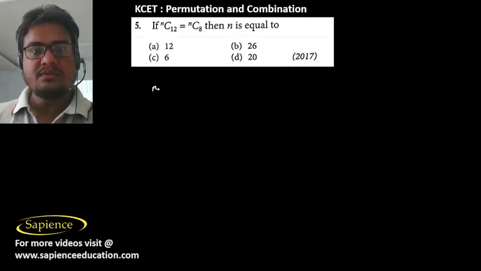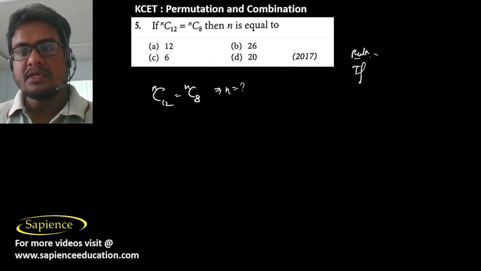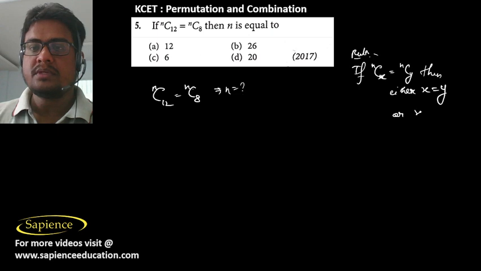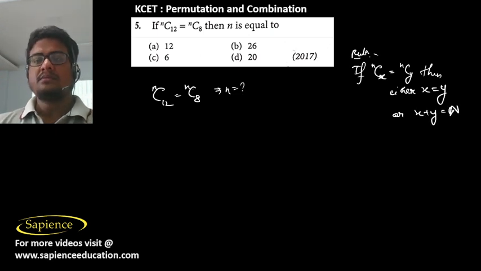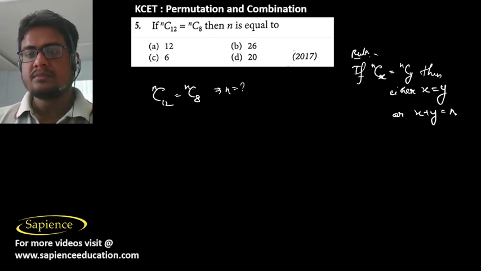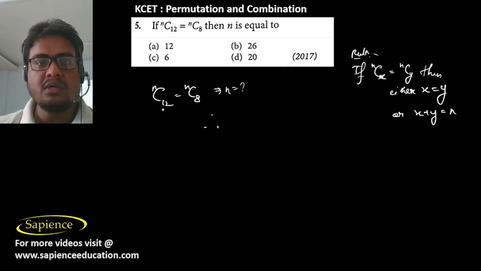So here it is told that if NC12 is equal to NC8, then N is equal to how much? So now the rule is that if NCX is equal to NCY, then either X is equal to Y, or X plus Y should be equal to N. So here 12 and 8 are not the same.